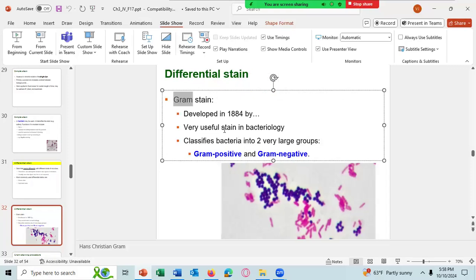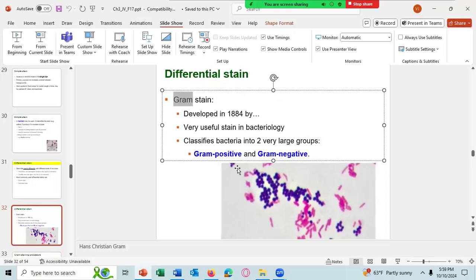Now, Dr. Gram was using it as a differential stain, to highlight the bacteria, which stain purple, as different from the patient's own cells, which stain pink.